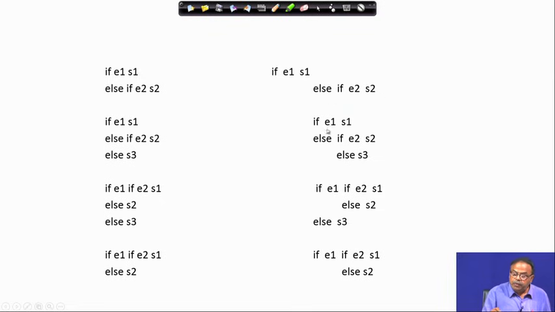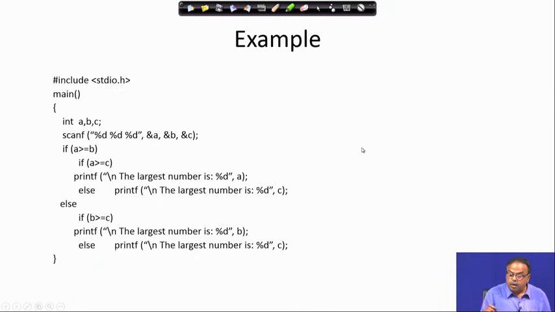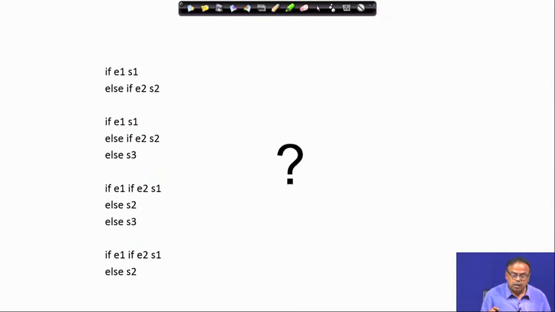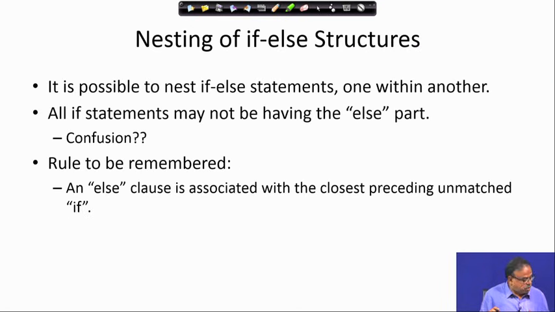Here if E1 S1 else if E2 S2 else S3. So, this else is therefore with the, I am sorry, I think I will have to go back to a couple of slides.